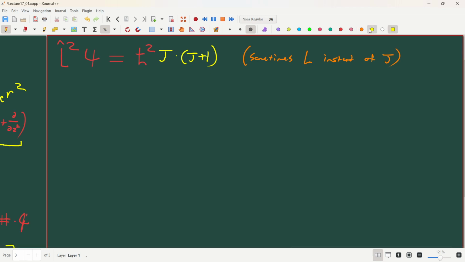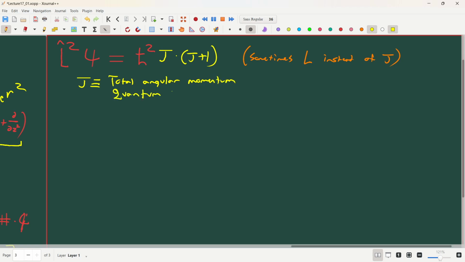And j here is what's called the total angular momentum quantum number. It's our index for angular momentum. Remember, every quantum mechanical system is quantized. It has a quantum number associated with the allowed states.